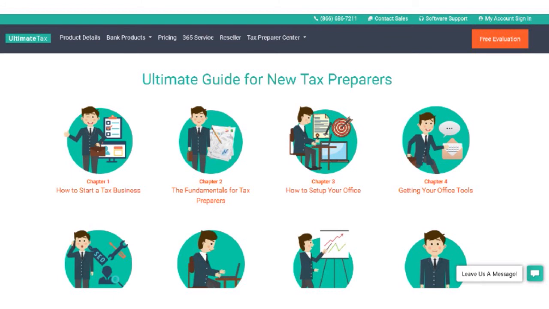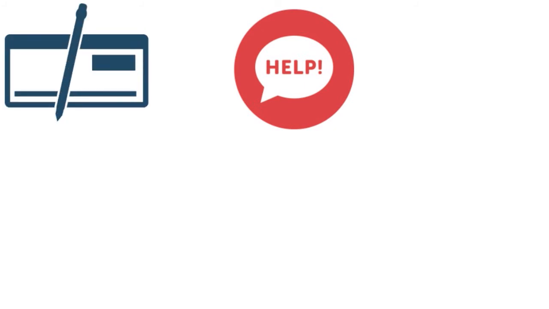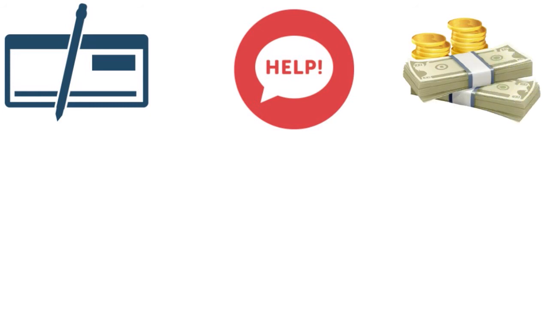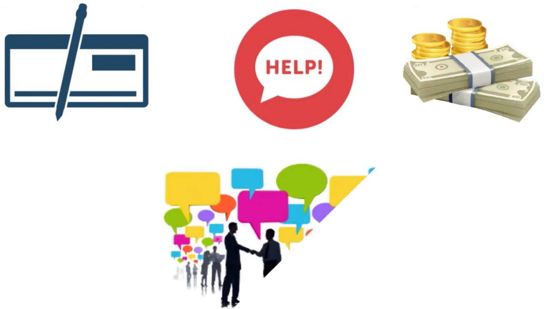And besides bank products and tax preparer resources, you also have helps in terms of online check printing. So the faster you can get your checks to your customers, the more referrals you can expect. So you can actually make more money there as well. You have the ability to make money also through networking.